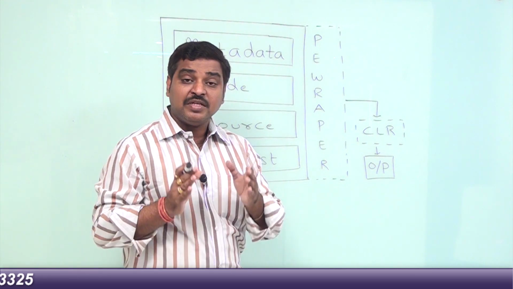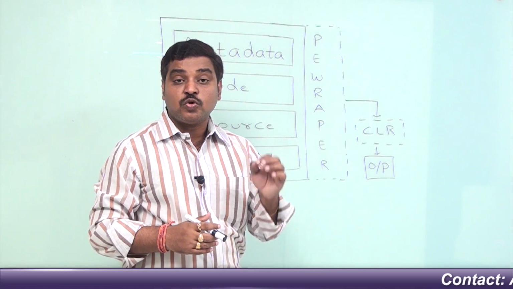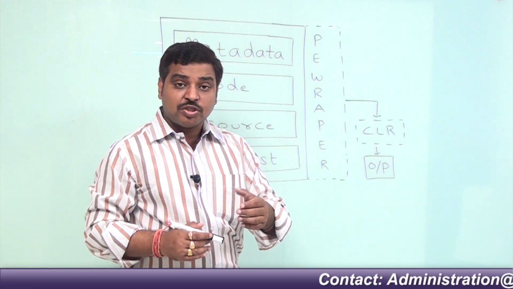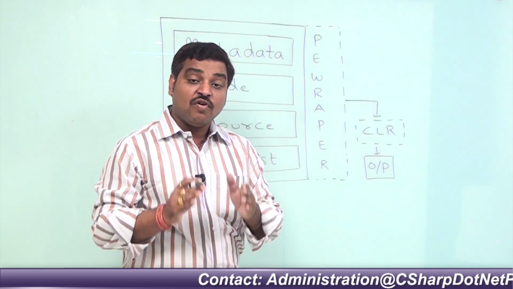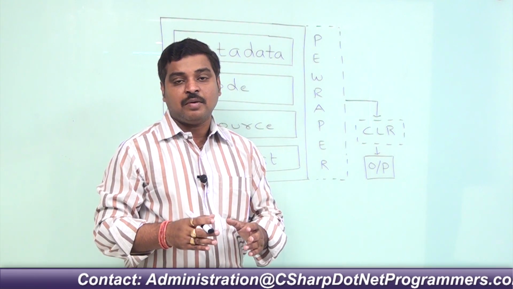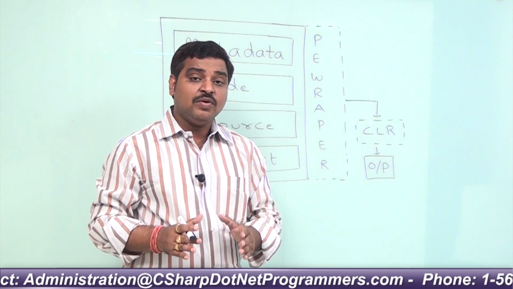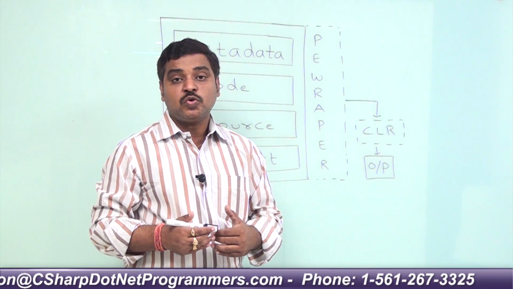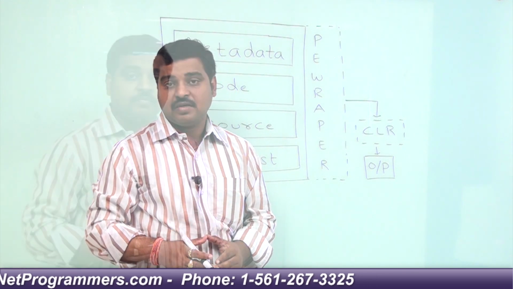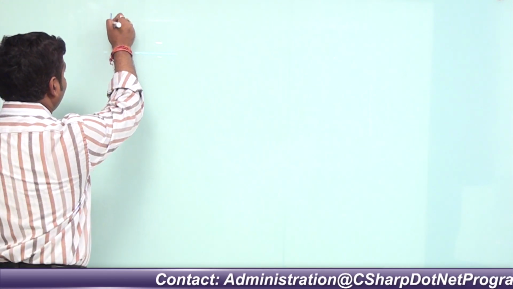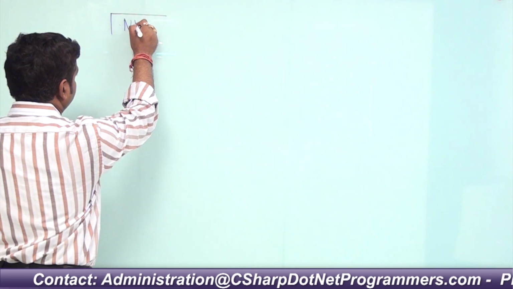So what does CLR mean? It is a collection of resources which are used by the .NET framework for executing our .NET application. Now let's try to understand what are the resources present within the CLR. For example, let's say that you have written a .NET program.